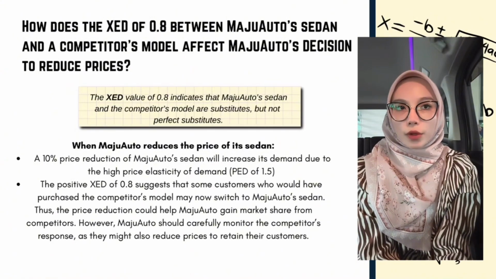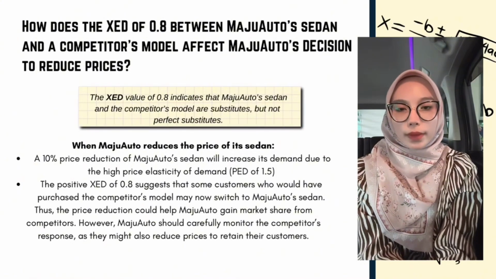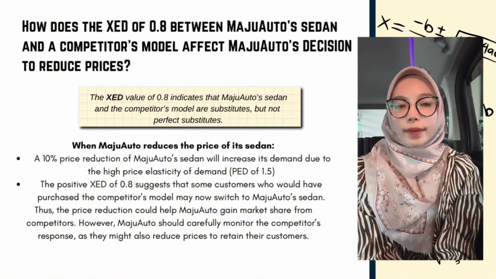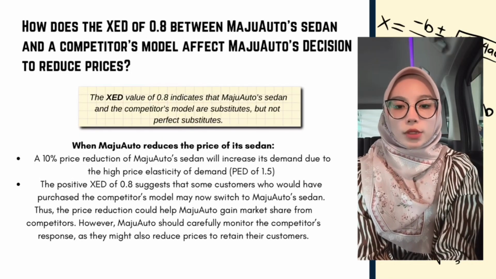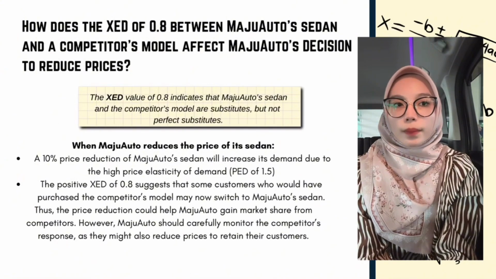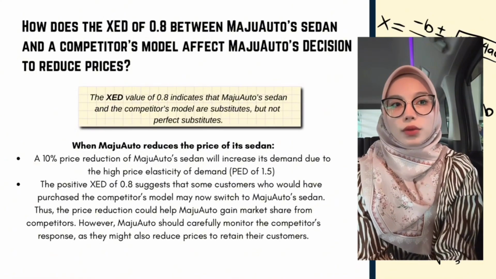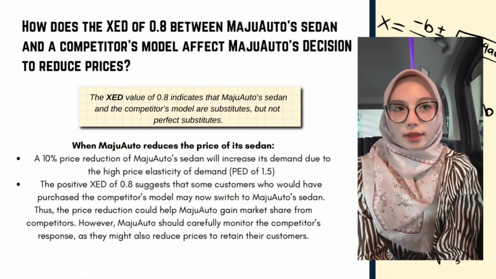For the third question, how does the XED of 0.8 between the Maju Auto sedan and a competitor's model affect Maju Auto's decision to reduce price? The XED value of 0.8 indicates that the Maju Auto sedan and the competitor's model are substitutes, but not perfect substitutes. When Maju Auto reduces the price of its sedans, a 10% price reduction will increase its demand due to the high price elasticity of demand.